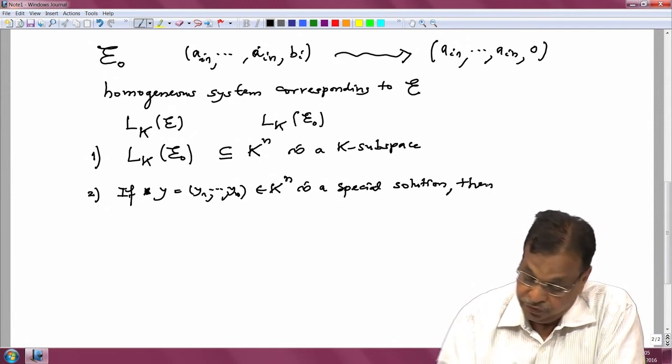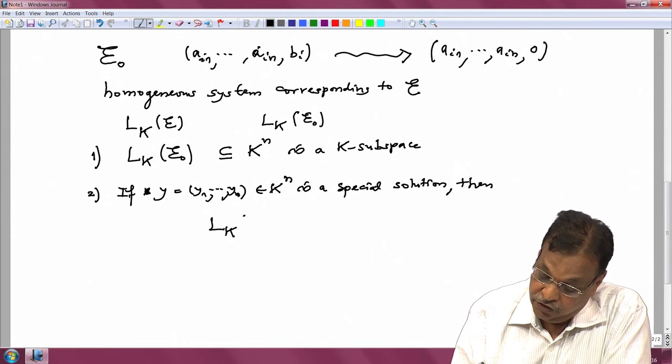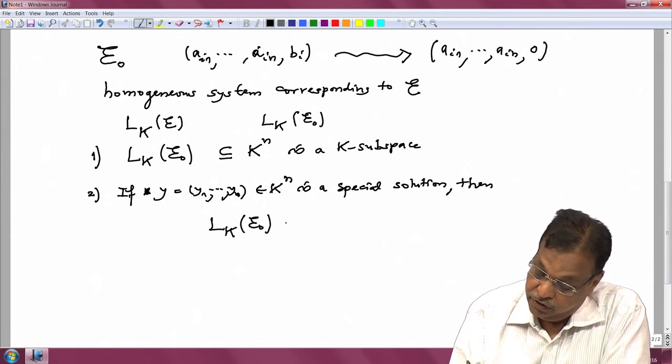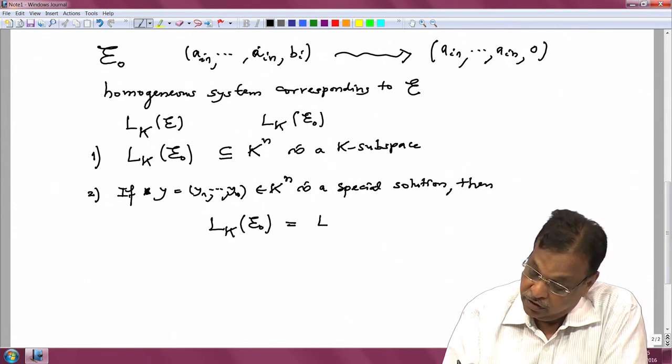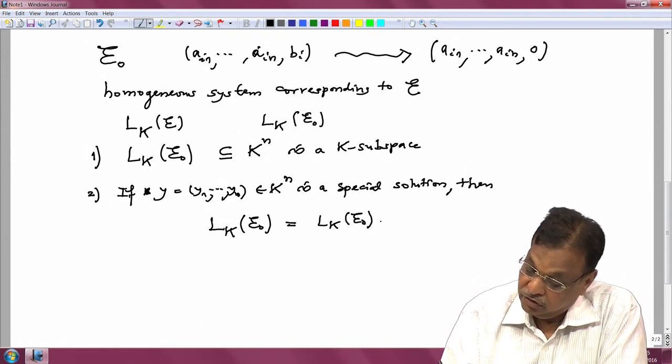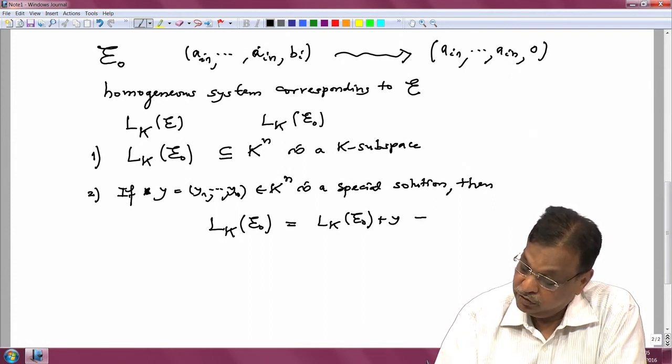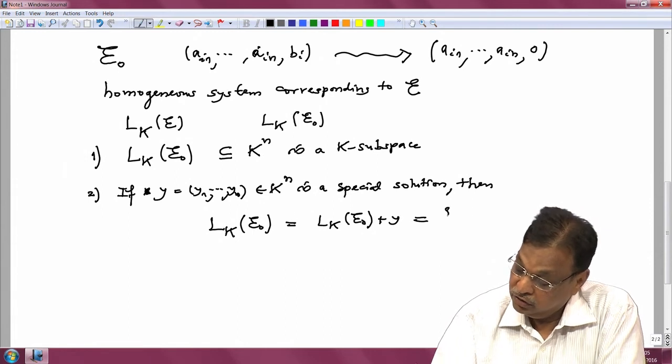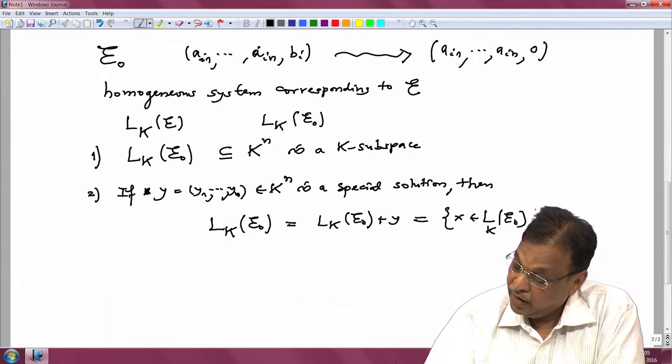Then LKE is a translation of this solution space of the homogeneous system plus y. This means to all these solutions of E0 add y to that.